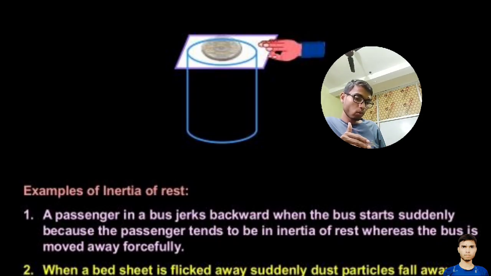So here, the floor of the bus moves, and that is the reason why you jerk backward. Why do you jerk backward? Because when a bed sheet is flicked away suddenly, dust particles fall down because of an external force.